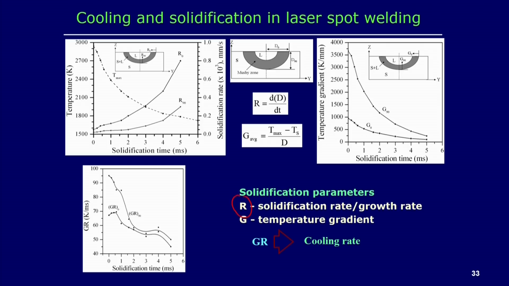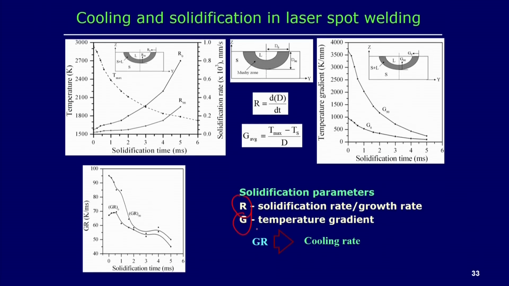R is the solidification rate and G is the temperature gradient. These two can be considered the solidification parameters, and we can do further calculations using them, such as G by R, which is one solidification parameter, and GR, which is another.